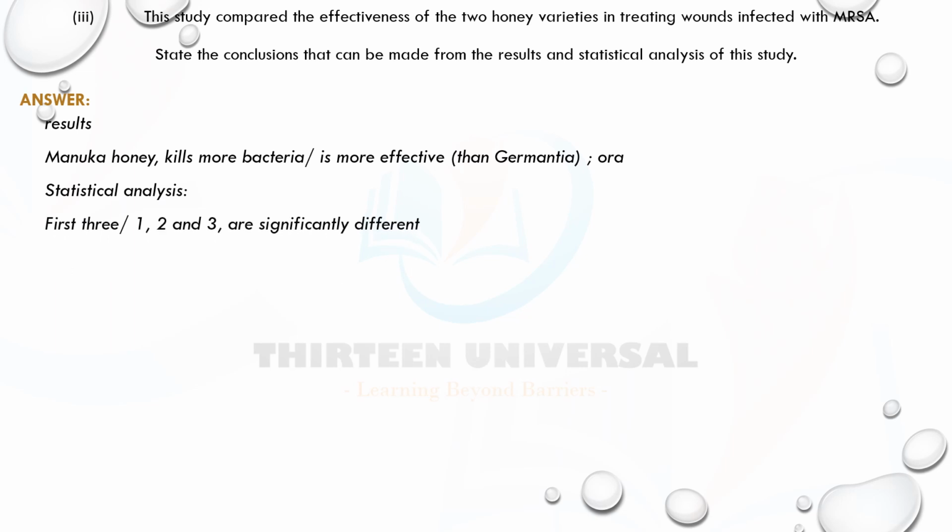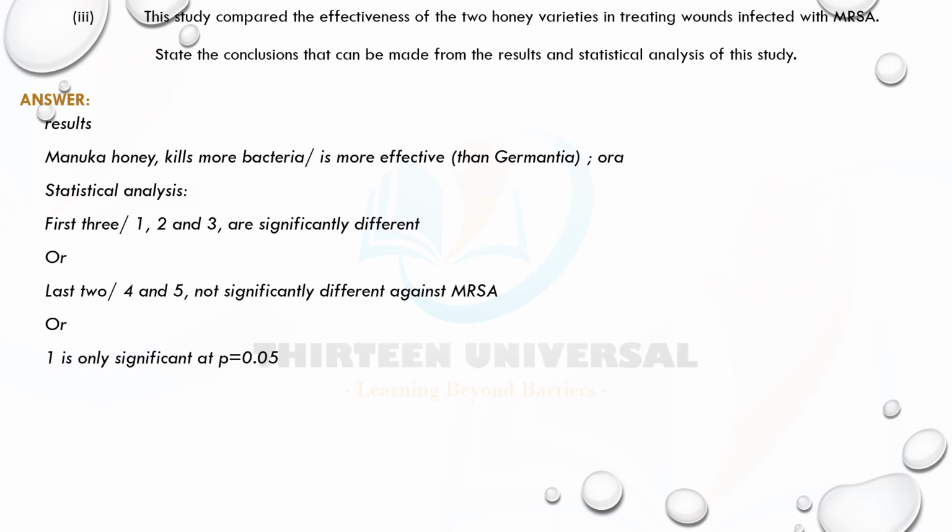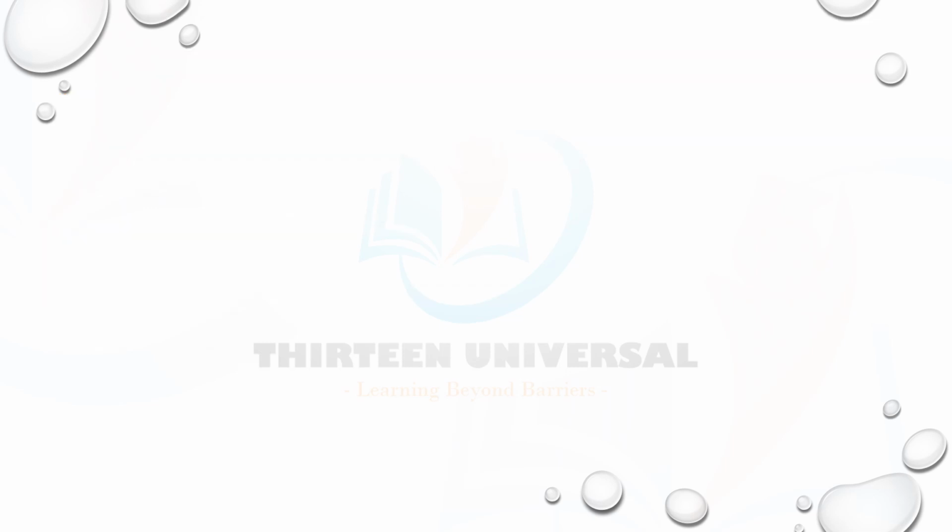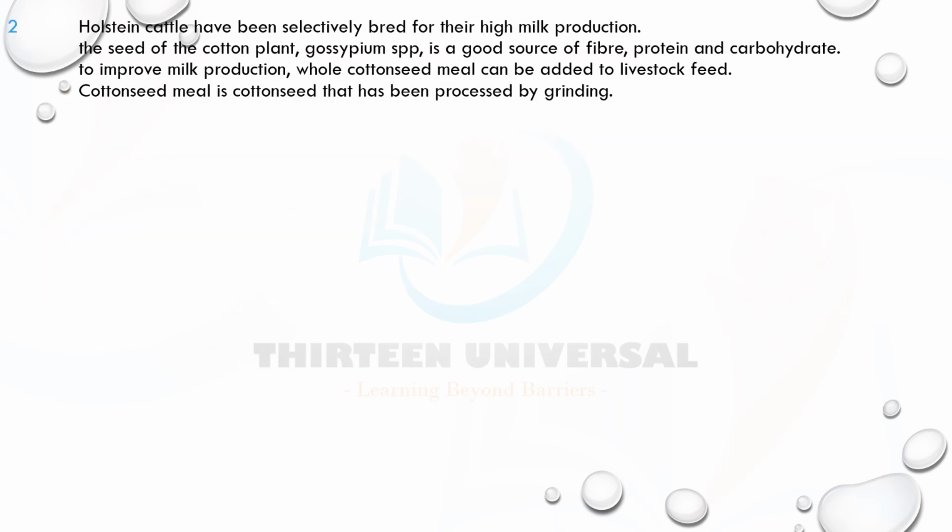Statistical analysis, 1, 2, 3 are significantly different. Okay, last two are not because they are less than the tabulated value. One is significant only at 0.05. Is that okay? 2 significant at not just 0.05 but 0.01. Okay, yeah, so 2 marks. Yeah, let's go to the next one.